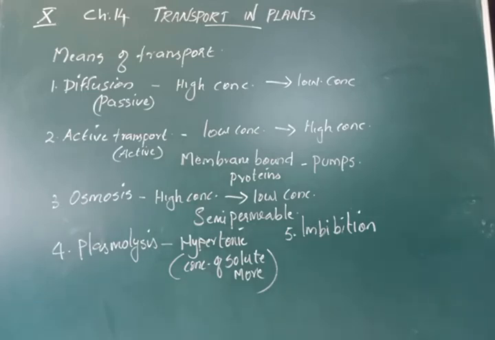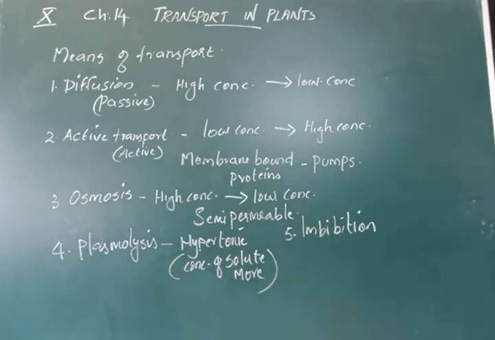As a result, new seedlings germinate from the seeds. So these are the main means of transport: diffusion and active transport, then osmosis, and finally two conditions, plasmolysis and imbibition.